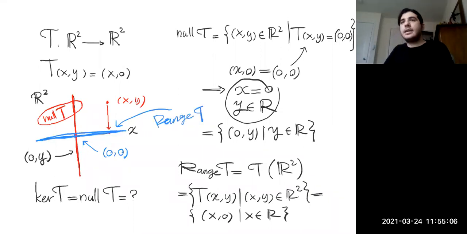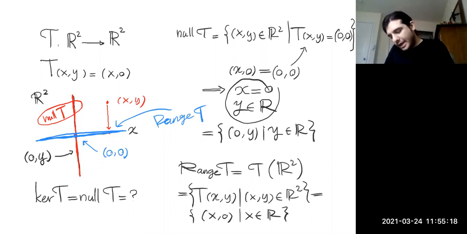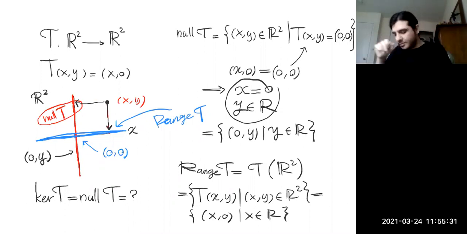Now, as you can see, the range of T and null of T here, their sum would span or would give us all the space R2. So anything in R2 is an x and y, and it can be written as sum of two vectors, one in the blue subspace, one in the red subspace, right?